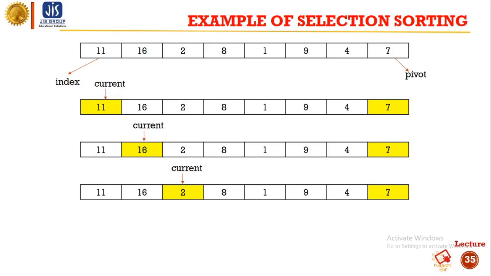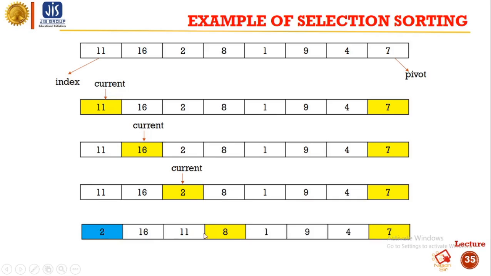So this 2 will go to the index position, that was at 11. 2 will move to this 11 and 11 will come to its third position. As you can see, 2 has come here and 11 has come here. Now the current position is at 8 and the index is now at 16. The index has been incremented by 1 and the pivot is the same, 7. Now 8 has been compared with 7. As we know, 8 is greater than 7, so there is no exchange.